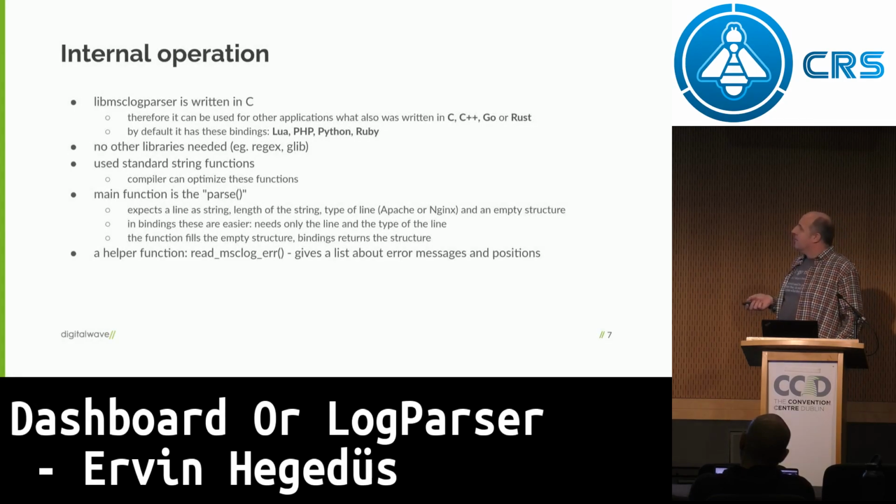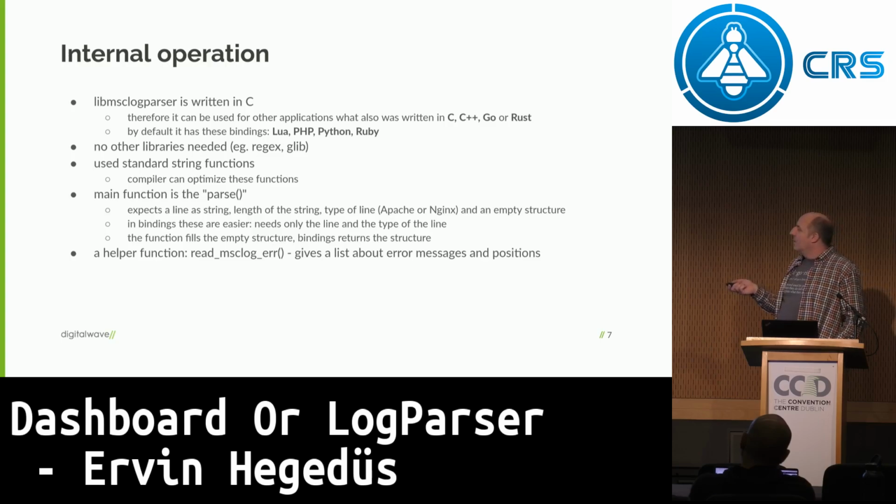So the project was libmodsec LogParser. It's available on GitHub. The license is AGPL, so maybe it's a bit weird, but we chose this one license. It's written in C, so therefore we can use it in C, C++, Go, or Rust applications. And by default, it has Lua, PHP, Python, and Ruby bindings as well.